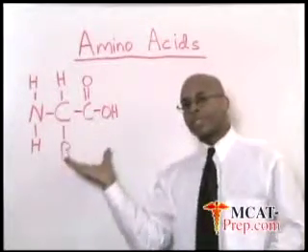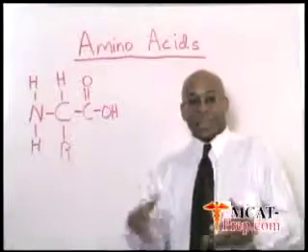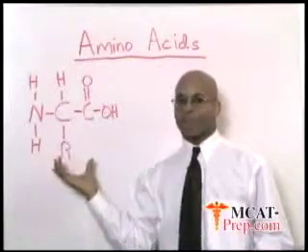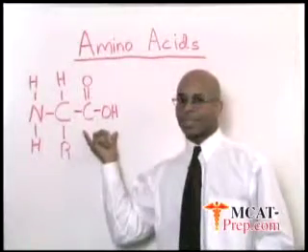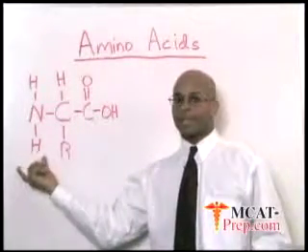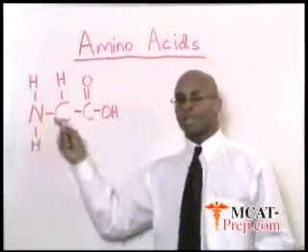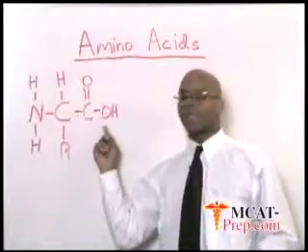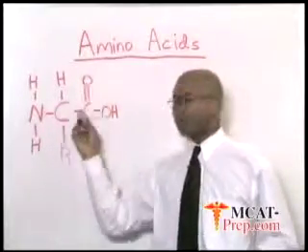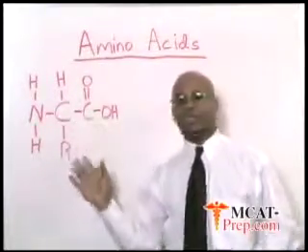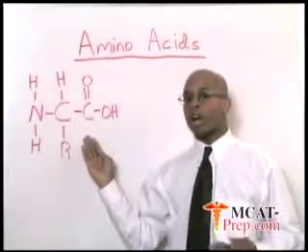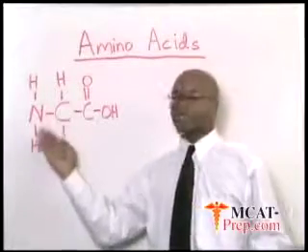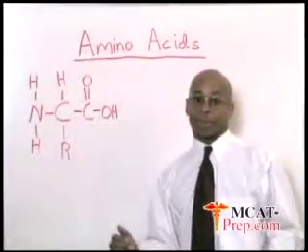Now, when you see an amino acid in solution, it doesn't generally look like this. The reason is we know this is acidic. We know this is basic. Remember, there's a lone pair of electrons on the nitrogen. It can accept a proton. And this can clearly give a proton, and therefore we have our resonance structure and stabilized carboxylate anion, and we have the amino group that can accept a proton.